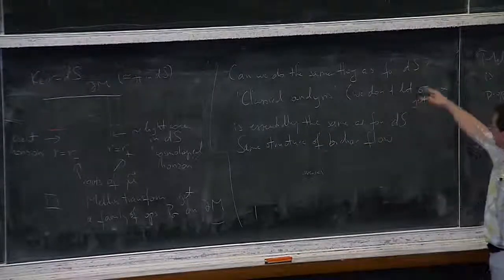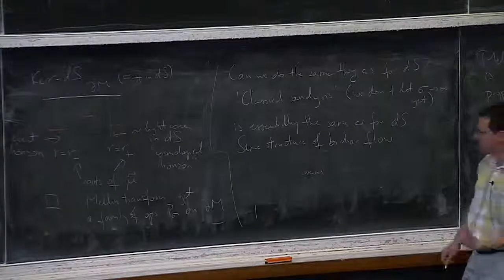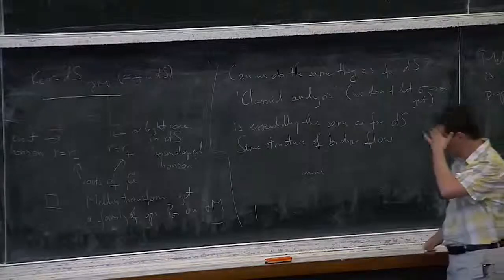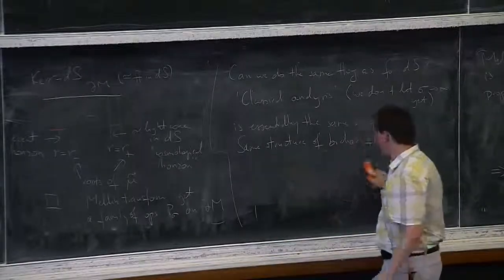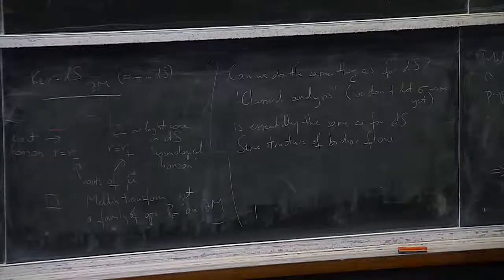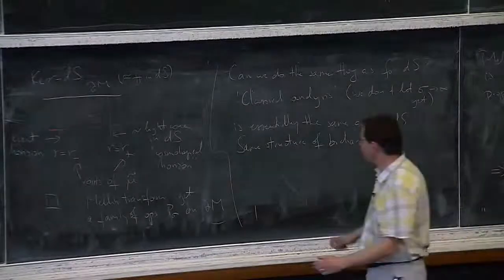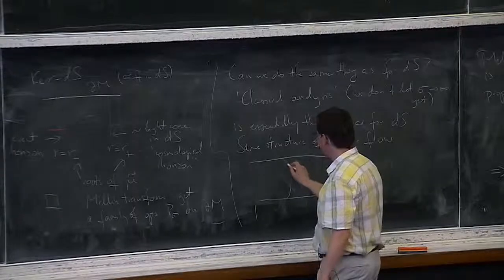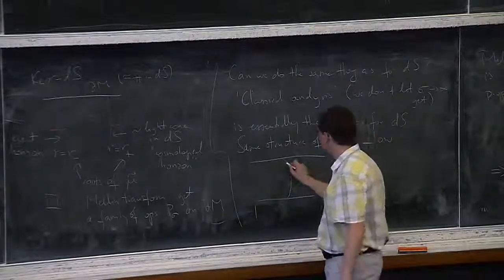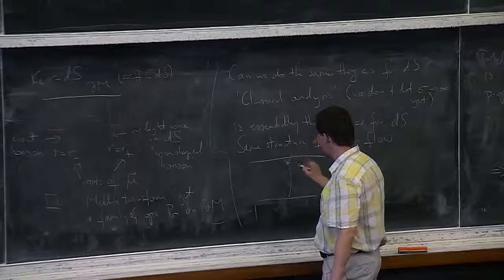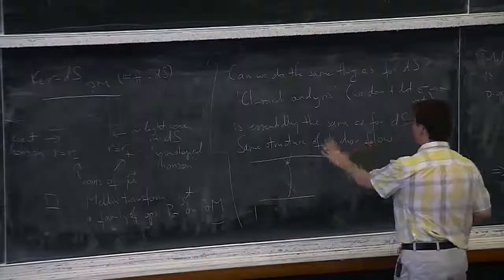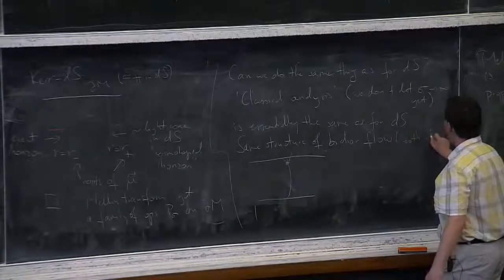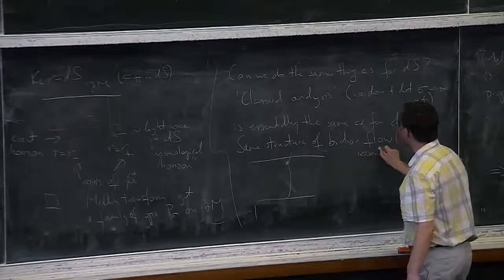Remember, this sigma is like the frequency, the dual of time, but it's this funny time, this Eddington-Finkelstein time. So it has the same structure of bicharacteristic flow. So what happens if I really did try to draw the phase space picture? It will look something like that. I'm just going to do a little bit of it. So this would be the event horizon, the same structure of the bicharacteristic flow, but twice, both at the cosmological horizon. I mean, the two ends are really the same for this.